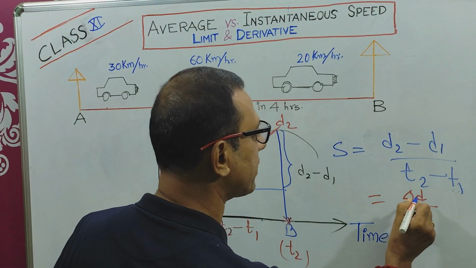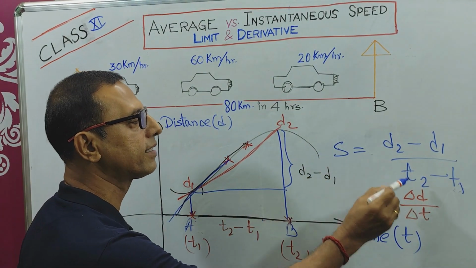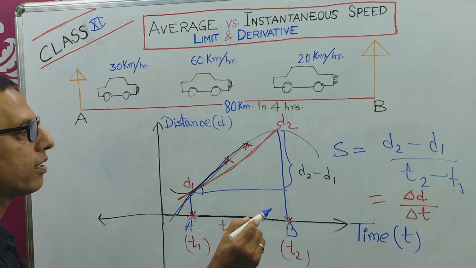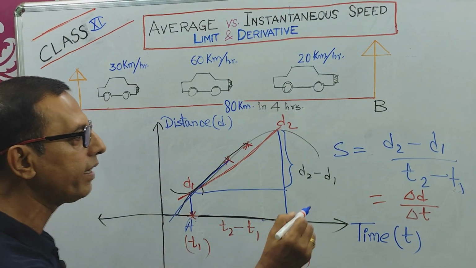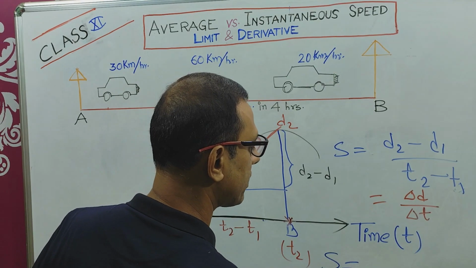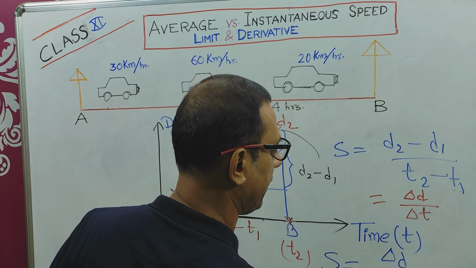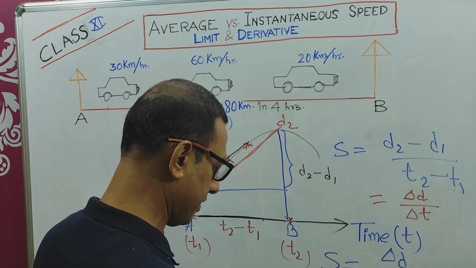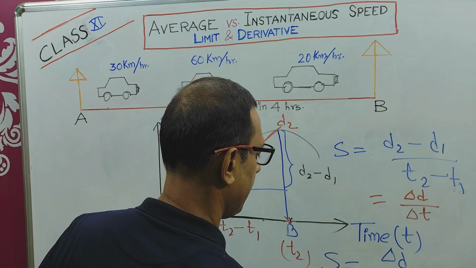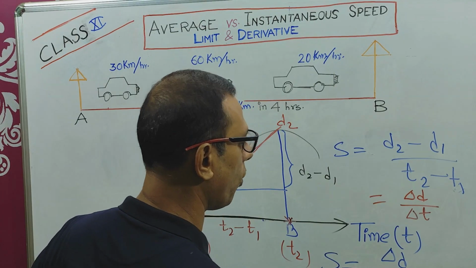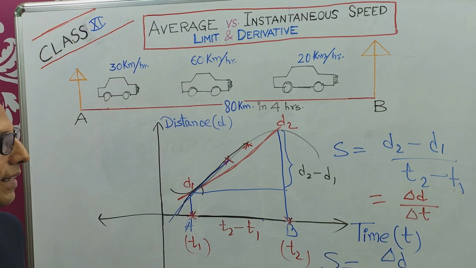So when S equals delta D by delta T, that is the concept of speed. But where you have the secant line, when this delta T tends towards 0, that is the concept of instantaneous speed.